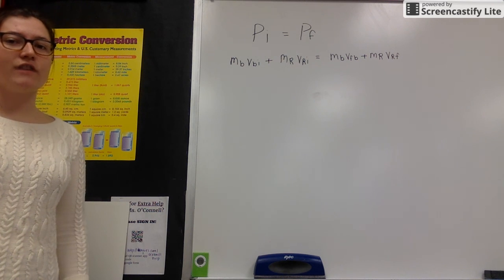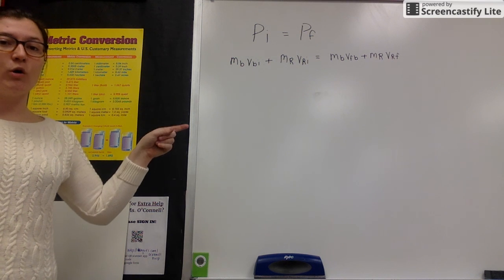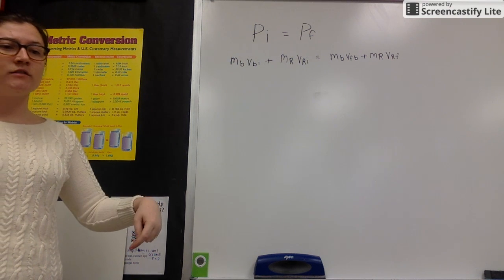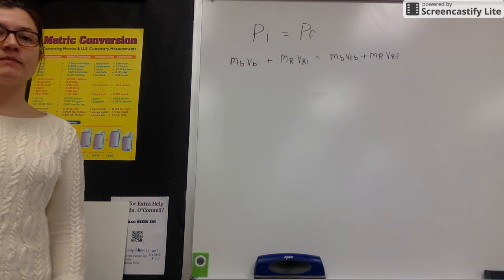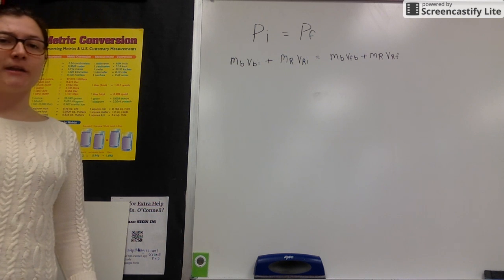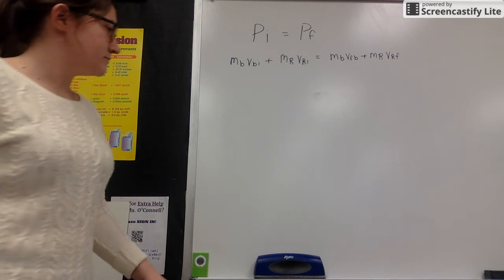On the left side of our equation, we know that the initial velocity of both the bullet and the rifle is 0, so the left side is 0 plus 0. We're going to simplify that to be 0.